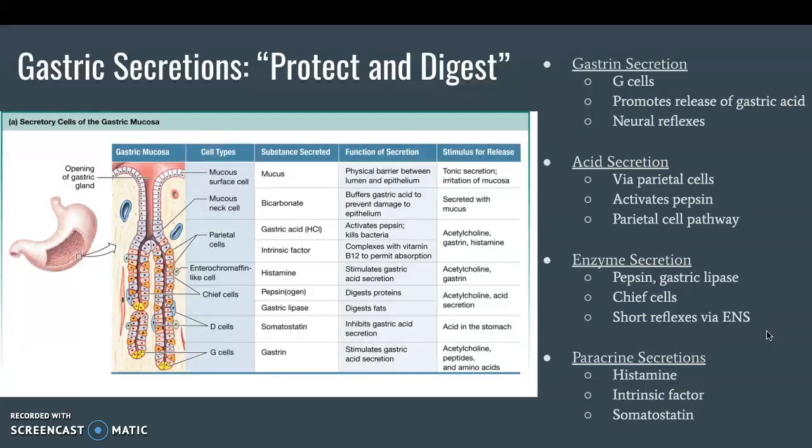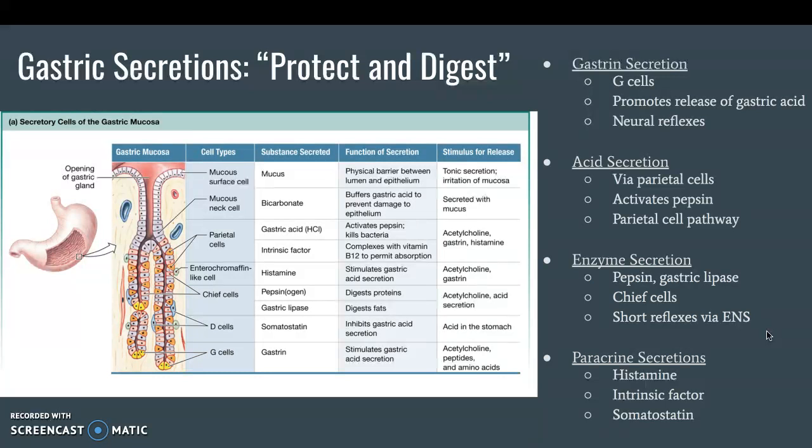So moving on to intrinsic factor, this is a protein secreted by the same cells that secrete acid. And these intrinsic factors complex with B12 in the lumen of the stomach, and this is needed for B12 absorption. So it's pretty specific, but good to know that intrinsic factor is important in the absorption of vitamin B12. And then somatostatin inhibits pepsinogen secretion.